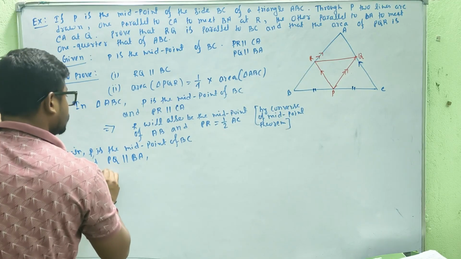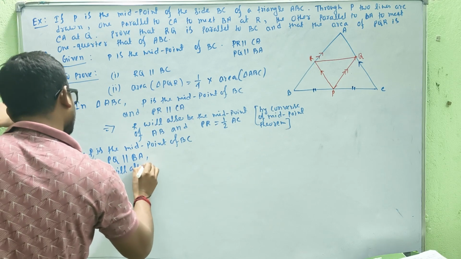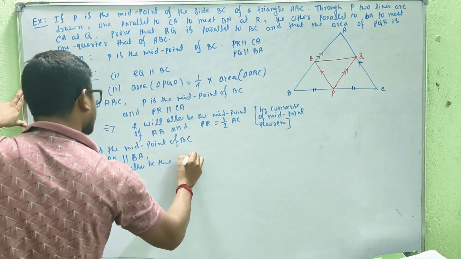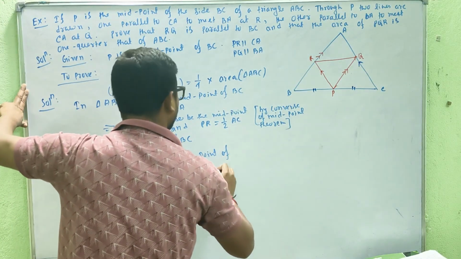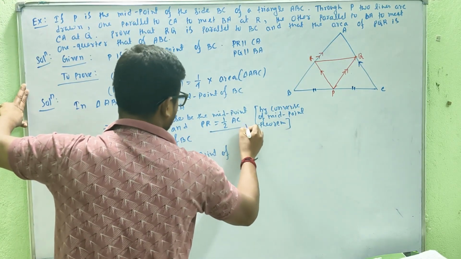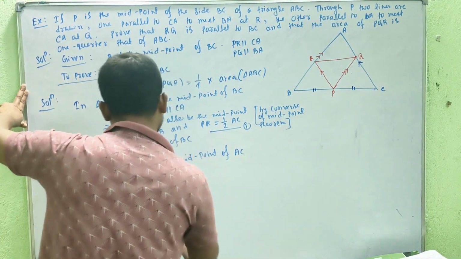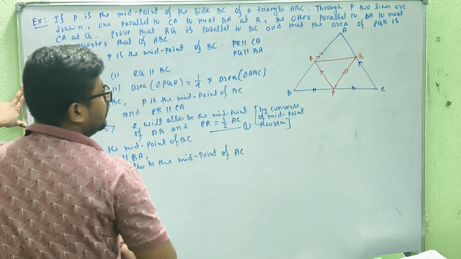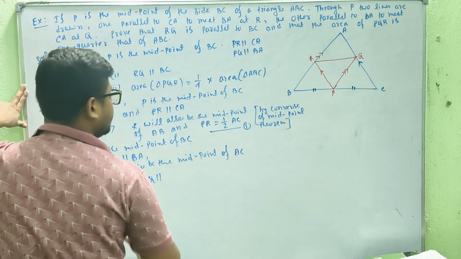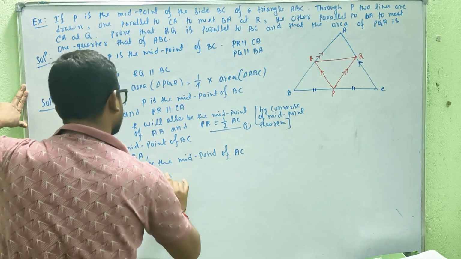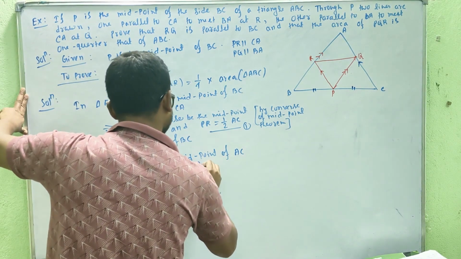So Q will also be the midpoint of AC. Let us make this number 1. Q will also be the midpoint of AC and PQ parallel to AB, by the converse of the midpoint theorem, or you may write the same reason as above.